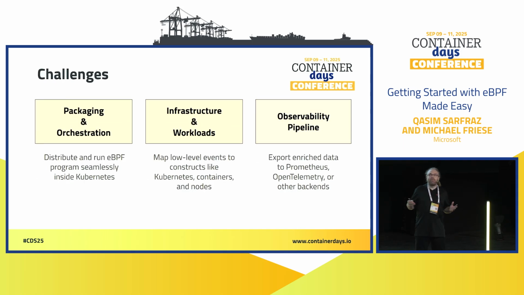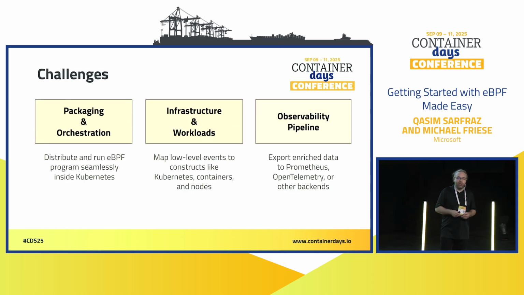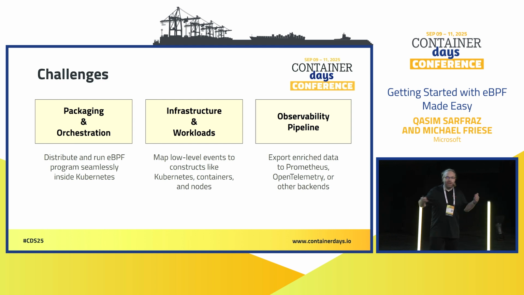So with this great power of eBPF, there come certain challenges. For one, there's the packaging and orchestration. If you're working on Kubernetes, you have to build the eBPF program, you have to deploy it, you have to somehow get it onto Kubernetes, and you usually have a user space program that is receiving the data and takes action on it.